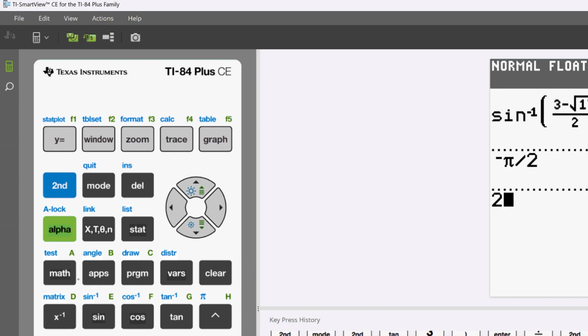So what we can say is 2 pi plus this here. We'll go out 3 decimal places. 3 or 4 is fine. Now, it might seem weird that we're adding it, not subtracting it.